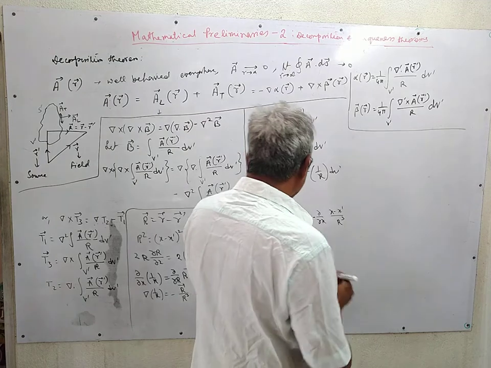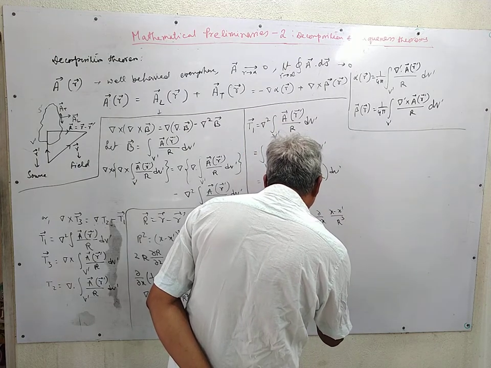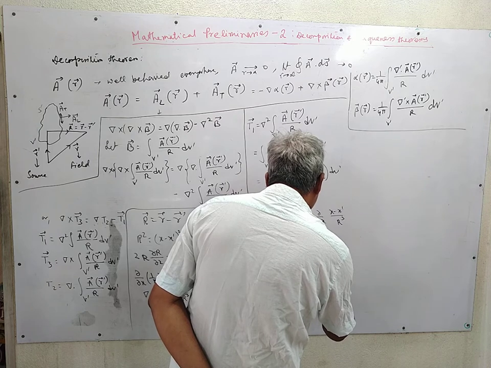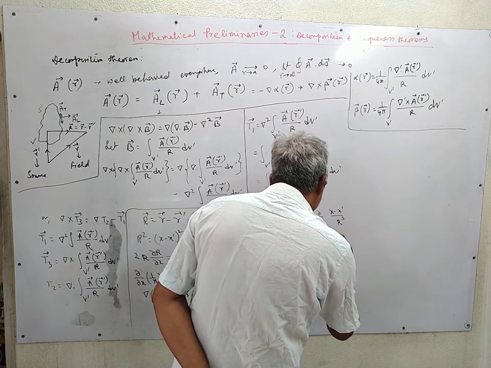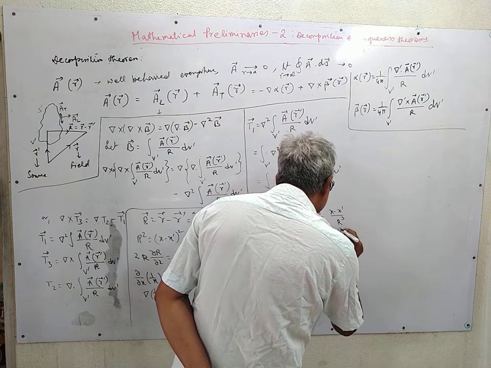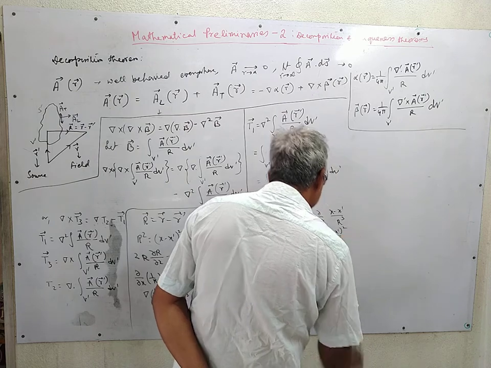So on differentiating the first term we get minus 1 upon R cube, and then the third part, on changing variables, we get 3 times x minus x prime square by R to the power 5.